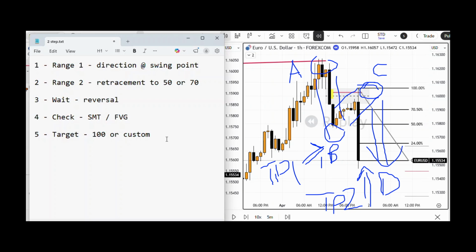At the same time, we are checking for SMT, which can occur on the higher time frame and the lower time frame, or just the lower time frame, or one or the other. Best when it happens on both. And we are checking for fair value gaps. All of these things must overlap with each other.